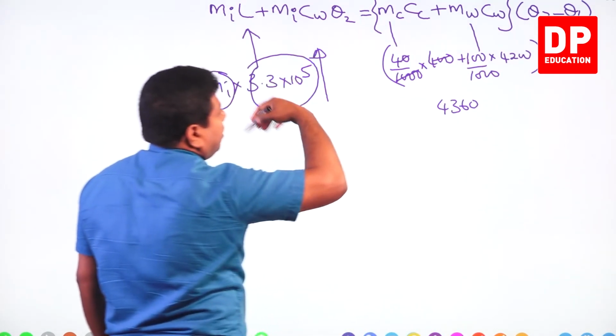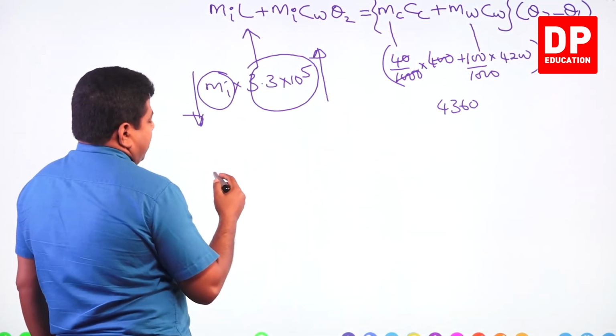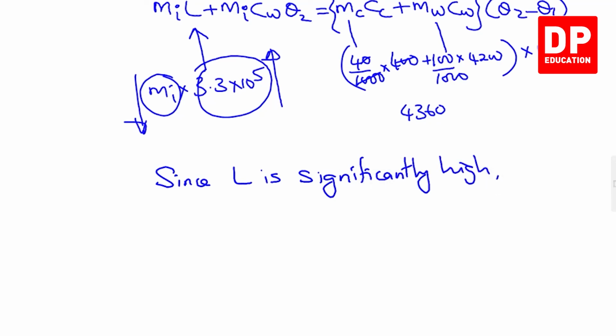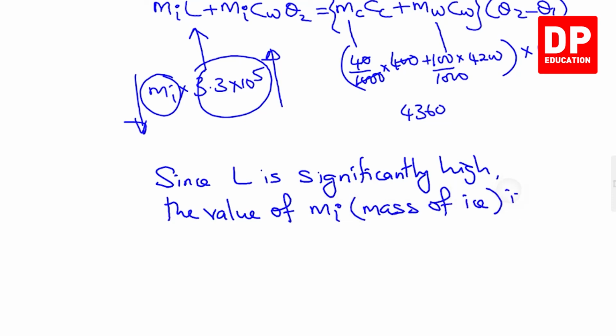So, let's say this is the explanation part. You don't write that for the exam. This is the answer. Since L is significantly high, the value of Mi, that is mass of ice, is too low. Too low.